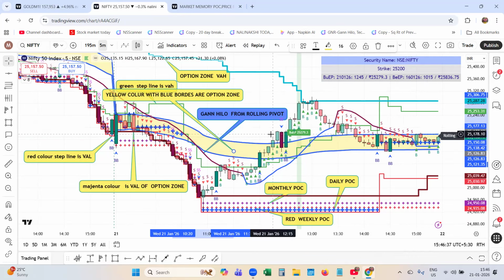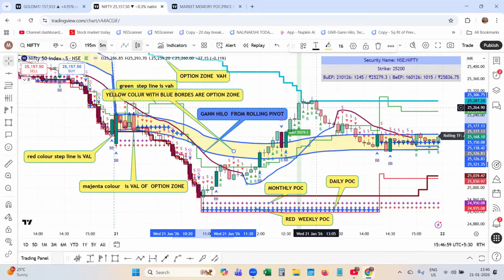That means no big player, no big volume will be triggered at the top to go higher. It is triggering at the exact level of the value area high of the option zone. That was an indication. Within 3 candles, the market started coming down.